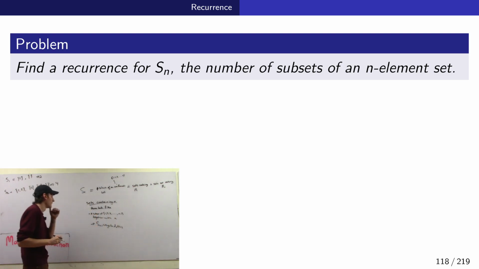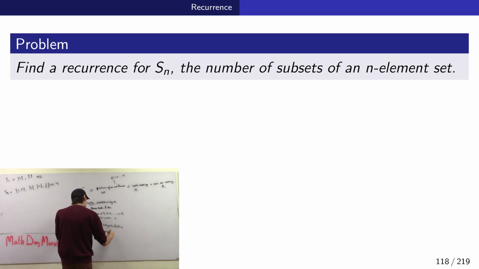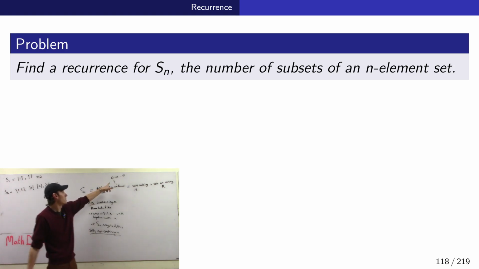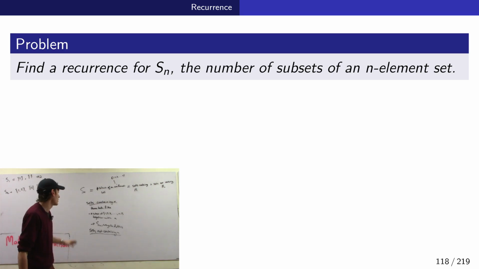All right? And now let's count sets not containing n. Okay. So what does a subset of the numbers 1 up to n look like that doesn't contain n? This just looks like a subset of 1 up to n minus 1.